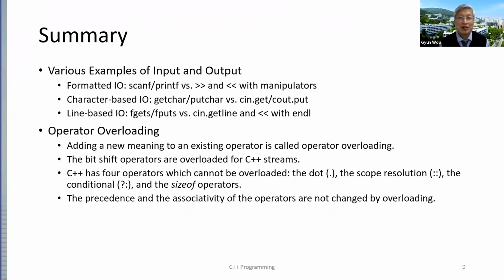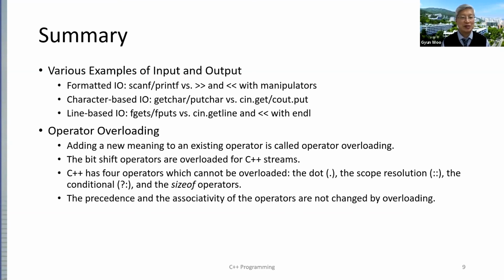So I heard from your TA that most of you have already solved the problem. So let me just summarize today's contents. I think it is important to give you more time rather than the explanation. So various examples were explained: formatted IO, character-based IO, and line-based IO.